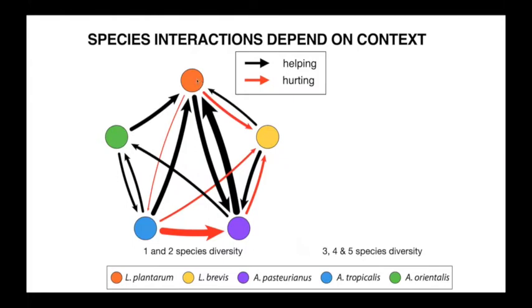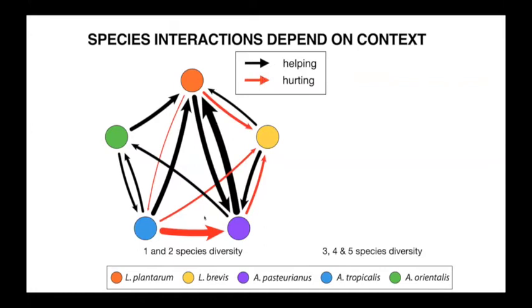And so here is a food web where I'm using the data from 1 and 2 species diversity to calculate the interactions. If an interaction is positive, where one species increases the abundance of the other species, it has a black arrow. If it's negative, where it's decreasing the abundance of the other species, it has a red arrow.